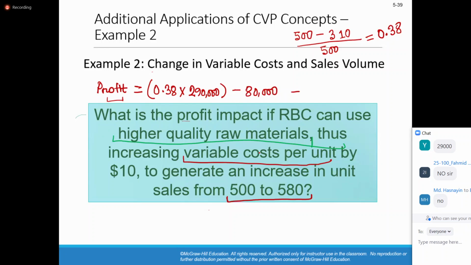So what should be the amount here? The profit, in comparison to 500 units, okay, 30,200. Can you recall what our profit was in case of 500 units having the contribution margin of 40%?